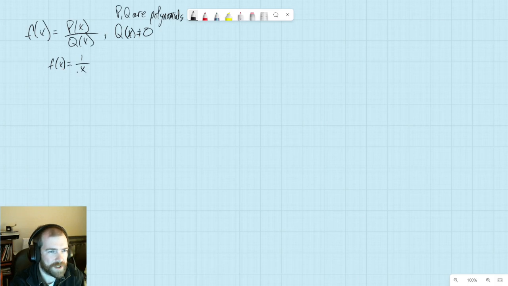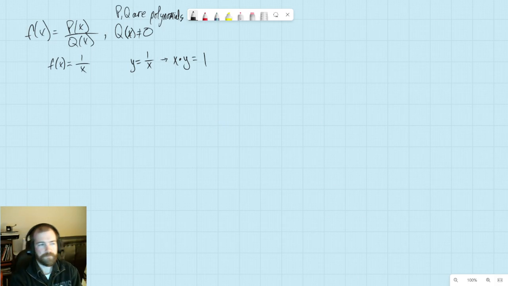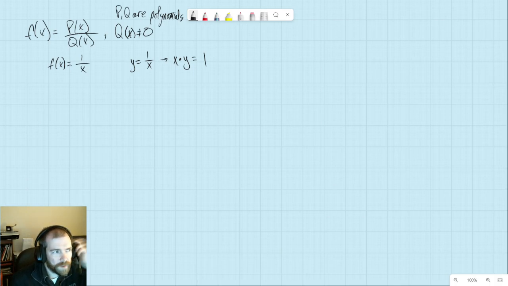So we get f of x is equal to 1 over x, also known as y equals 1 over x. And I said the thing I like about this is that it can be expressed also as the product of x and y is a constant.